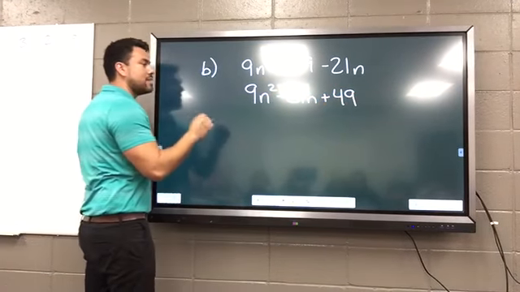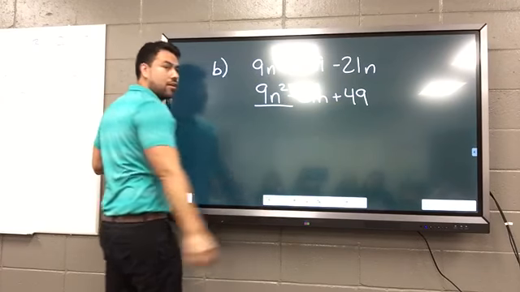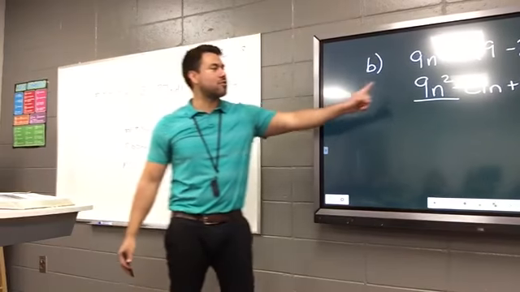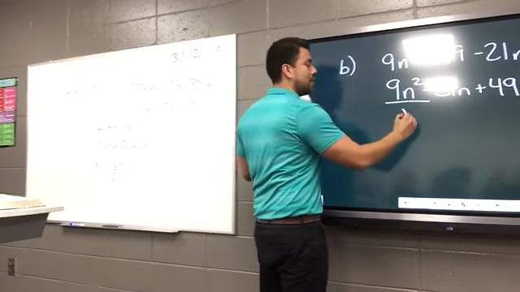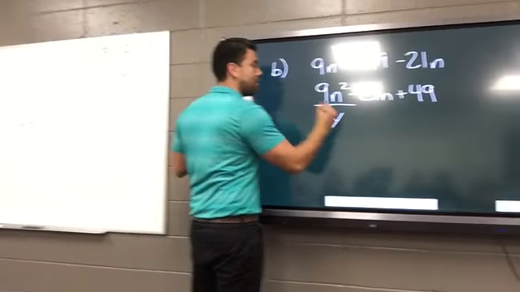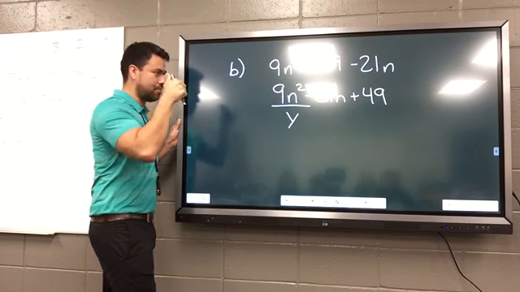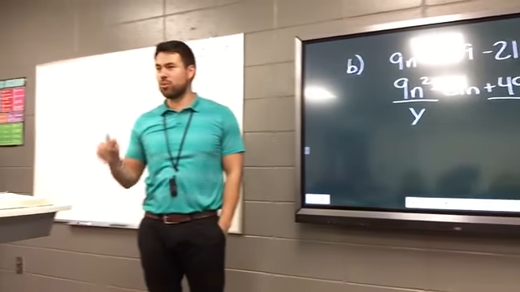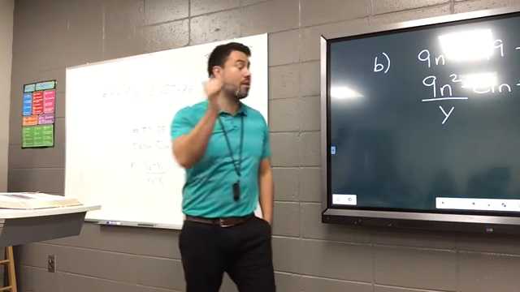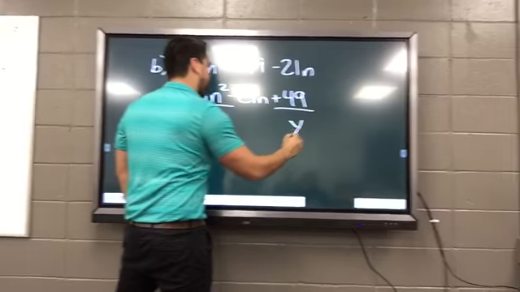Now we can ask, is it a perfect square trinomial? What do you guys think as a class? First term, is it a yes or no? Yes. It is a perfect square because 3n times 3n equals 9n squared. Good. Second question, is the third term or the last term a perfect square? Yes.